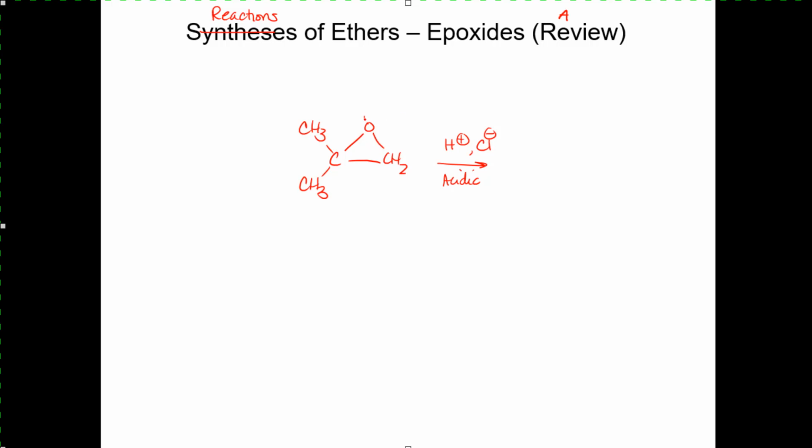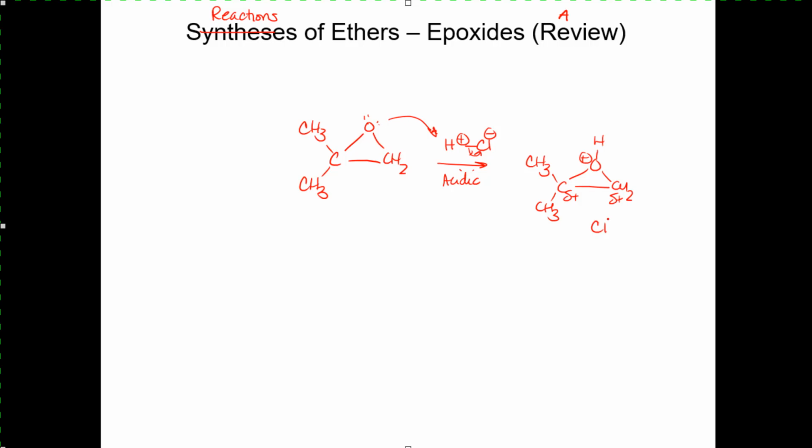That's going to be opening up the epoxide under acidic conditions. What happens? What happens is I protonate the oxygen. If this is a bond, then a pair of electrons goes to the carbon. I form the oxonium ion. And what happens with that positive charge? It distributes a lot of that positive charge down to the carbons.